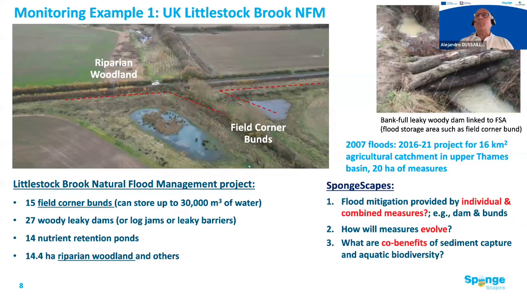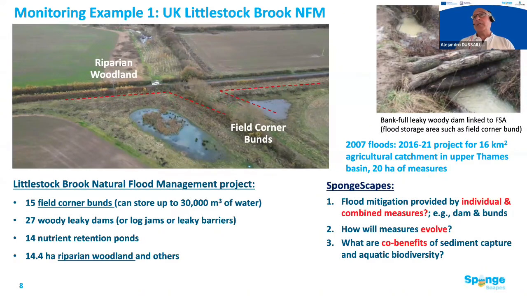So just to go through a couple of examples where we've been doing monitoring within this project and actually extending more longer term experiences. The first one is a fluvial landscape. It's the Little Stock Brook Natural Flood Management Project that was delivered between 2016 and 2021.